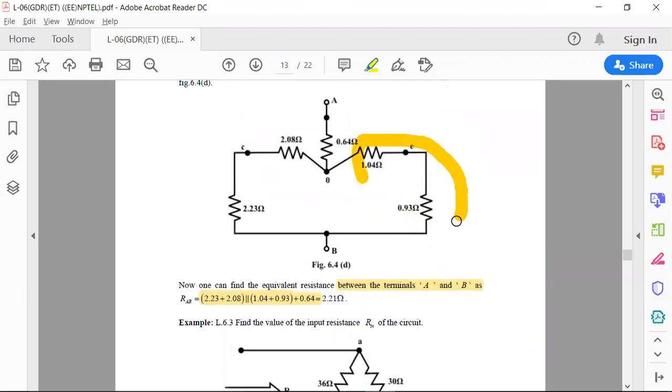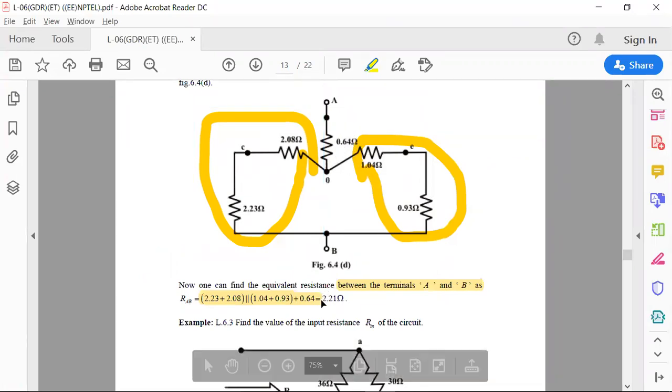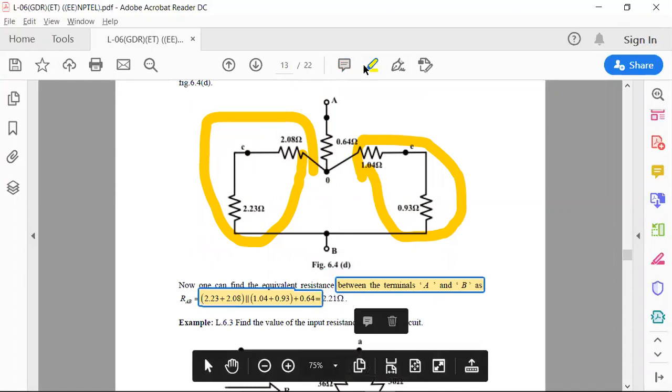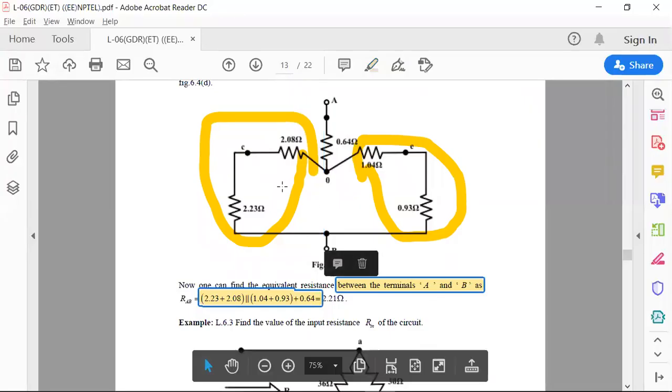You observe both of these are series, and the resulting series will be parallel. The parallel combination of this will be in series with this 0.64. Then my answer will be 2.21. The answer is 2.21 ohms across A and B.